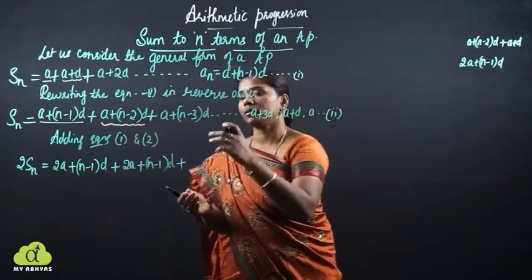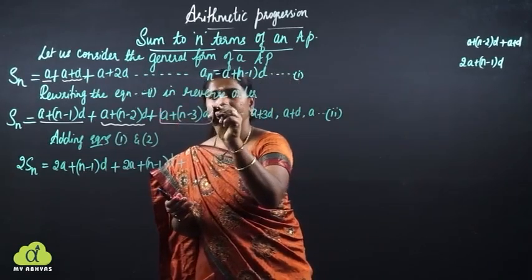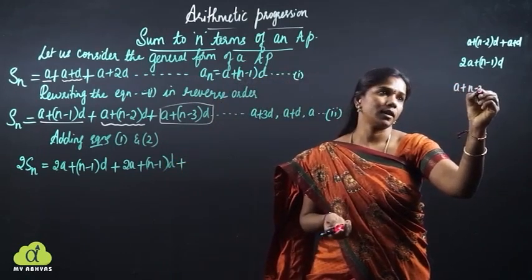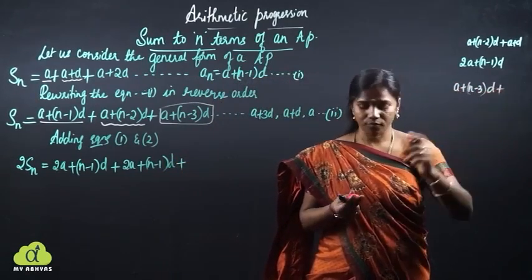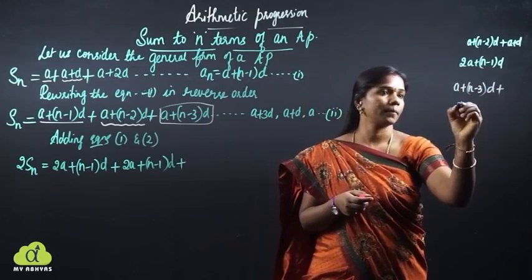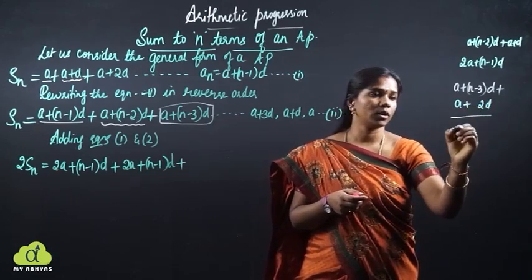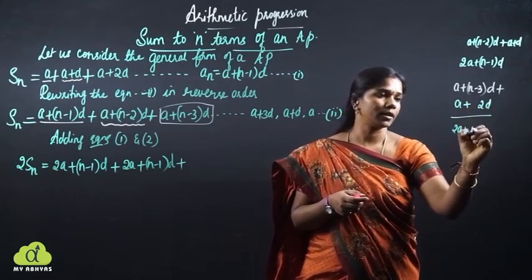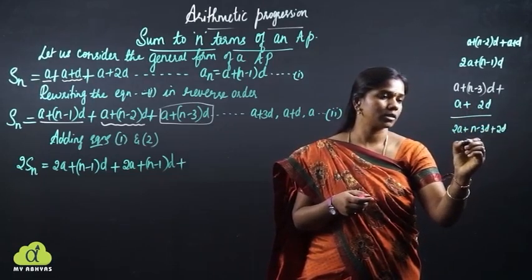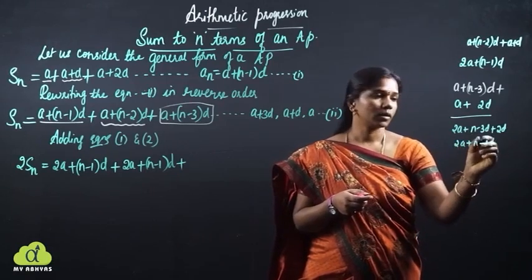Again, you cross check for the third term. Third term, what do we have here? It is a plus n minus 3 into d, for which you are going to add a plus 2d. Again here we are going to get 2a plus n minus 3d plus 2d, which is again 2a plus n minus 1 into d.